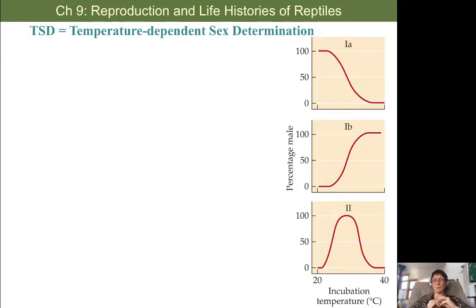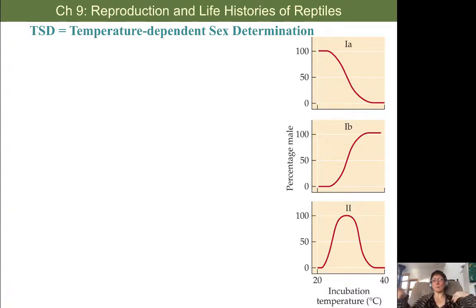This is a slide from your book that slightly oversimplifies the situation, but suffice it to say that traditionally these patterns are referred to as type 1 and type 2 TSD patterns. Type 1 consists of one temperature that produces males and a second temperature that produces females.